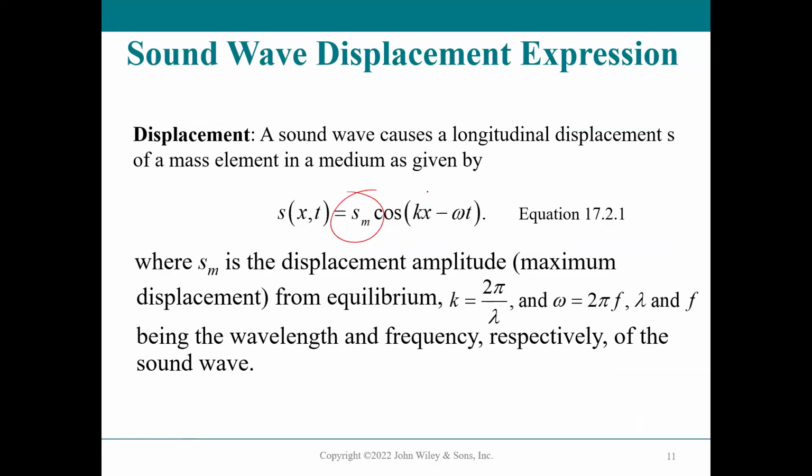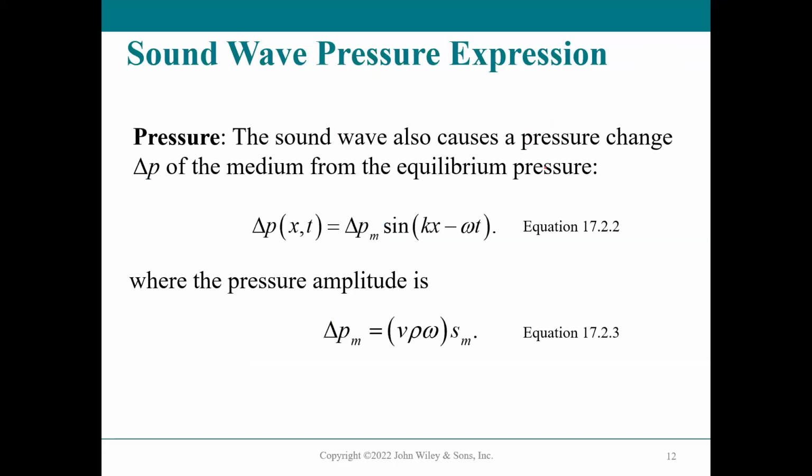This one is the amplitude, right? Then pressure delta P equals delta P max sin(kx minus omega t), where the pressure amplitude is this one.